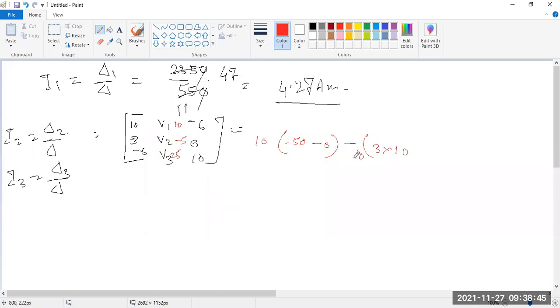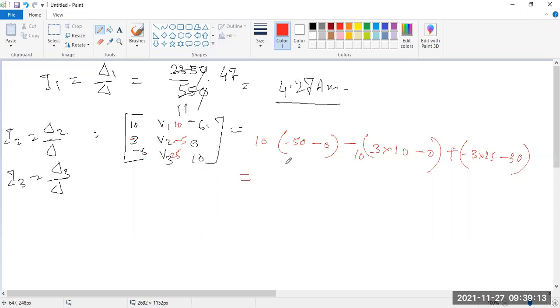Yes, it was minus 3. So minus 3 minus of this minus 6 into 0, so this is 0. Then again plus, it is coming here 6. Whenever 6 is considered, then multiplied in this area. So minus 3 into 25, minus of minus 6 into minus 5. So this is coming 30. So we can write down this.